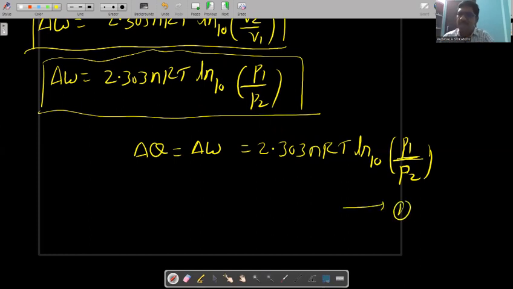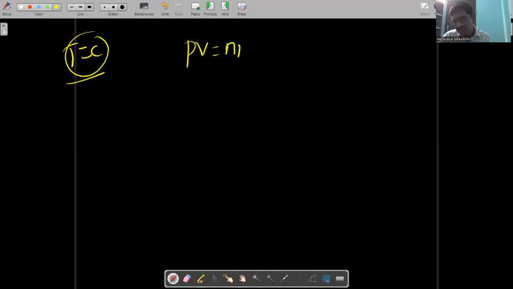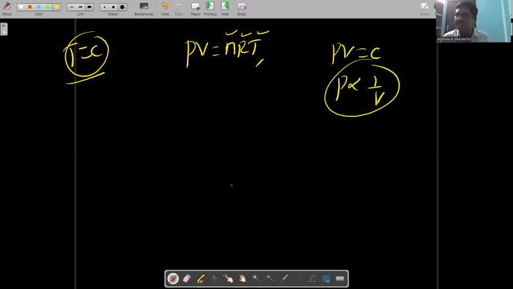Keep this one aside. Next, coming to the slope of this process, or the slope of this graph. Since in this process temperature remains constant, PV equals nRT, and these remain constant, so PV remains constant. I can say P is inversely proportional to volume.